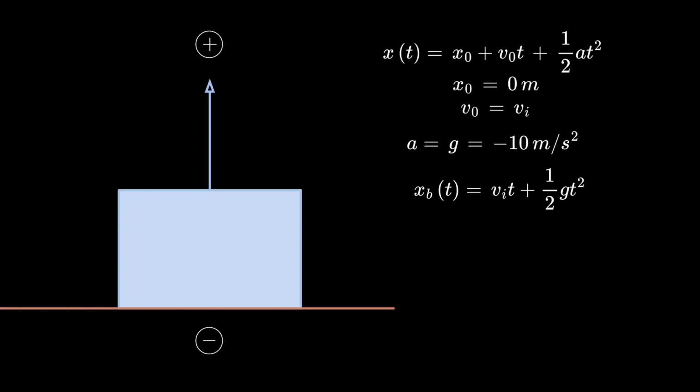And of course, v_i is this value that we're trying to solve for in this question. Doing some substitution, we're going to get that the position of the blue block, x_b of t, is going to be v_i times t minus 5t squared. And remember that will be important.